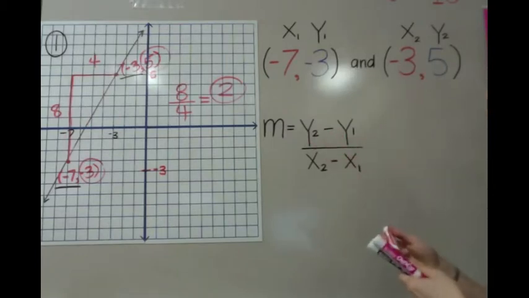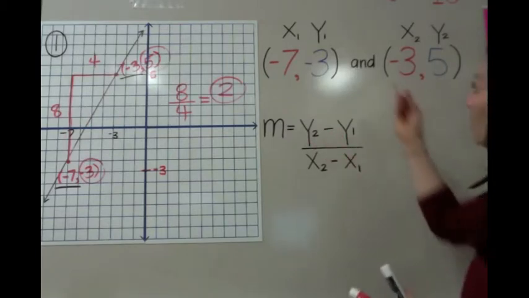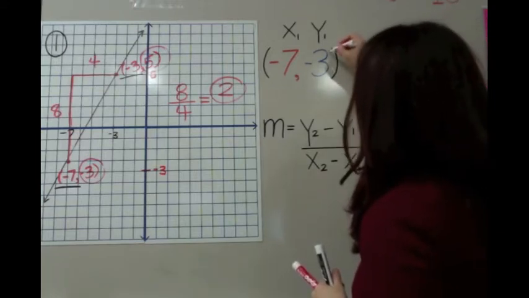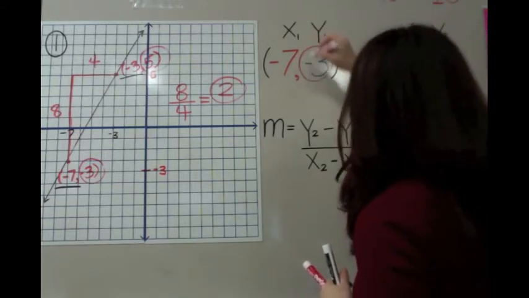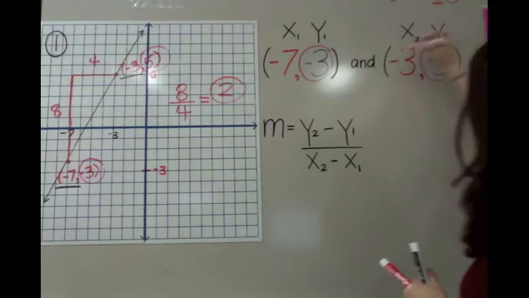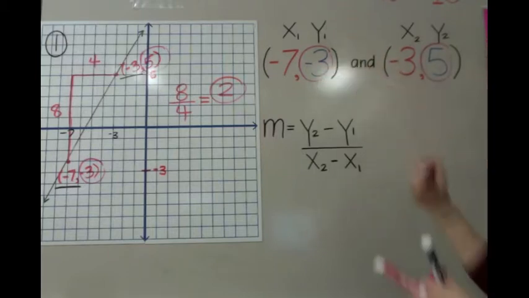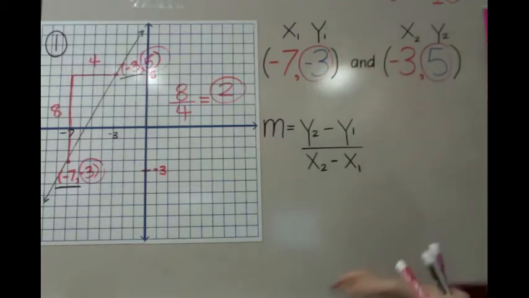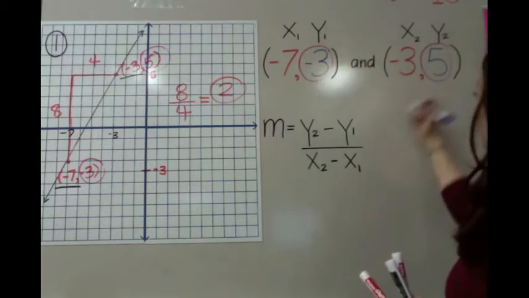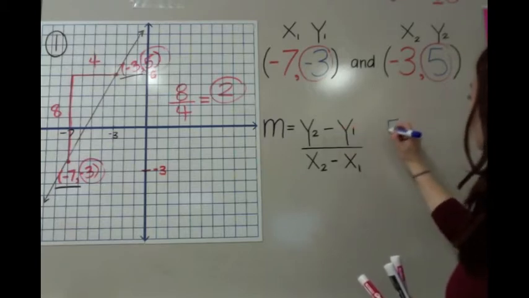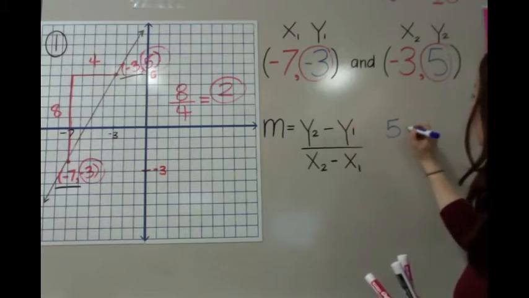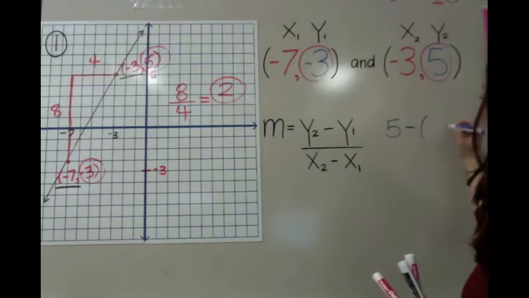I'll do the exact same thing, where I'm going to circle -3 and 5. I'm always going to start with y sub 2, and then subtract a -3. So let's do that. I'm going to start with 5, because that's y2, minus, and in parentheses I'm going to write -3.